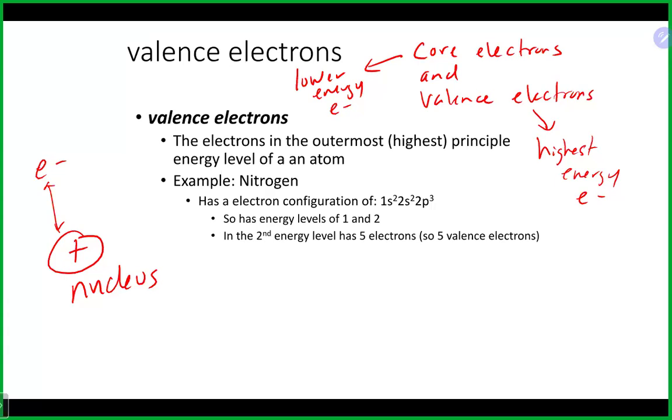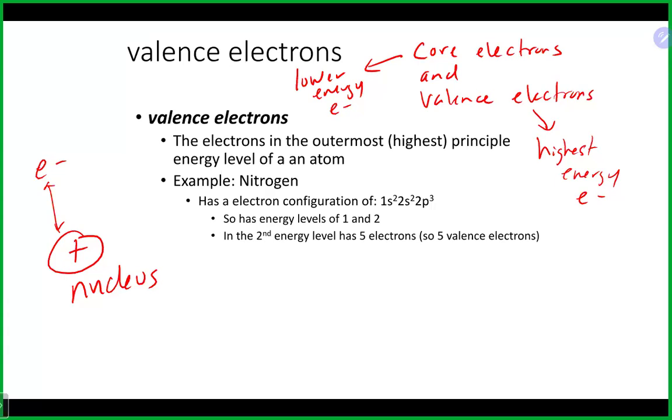So one of the main differences between these two types of electrons is that core electrons, because they're held really tightly near the nucleus, are not involved in bonding. When we talk about bonding in chapter 12, which is up next, it is all about the valence electrons.